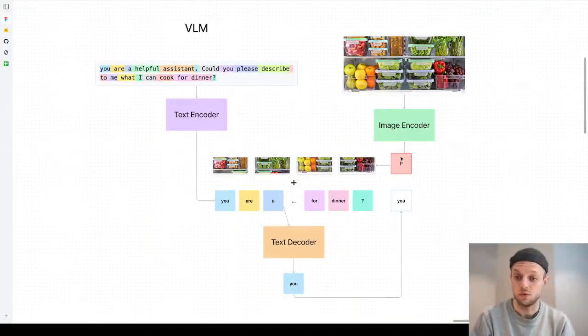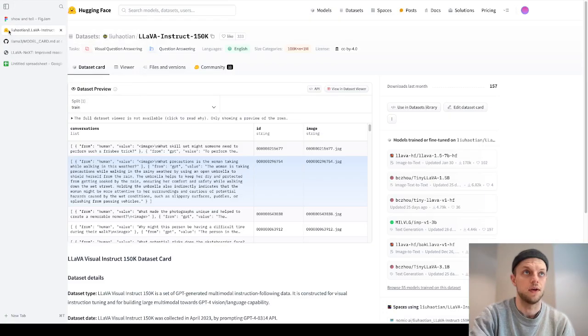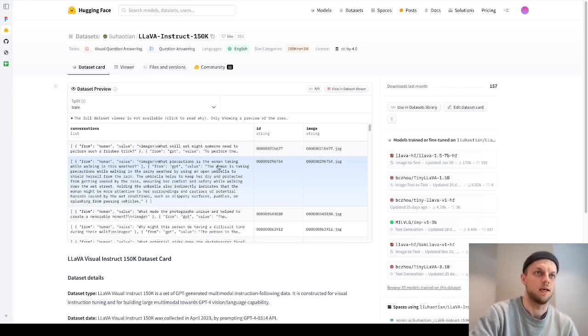If you wanted to do visual question answering, I can show you an example here of how that would look. You would show a lot of examples like this one, where the human is asking what precautions the woman is taking while walking in this weather, and then you show the model what it's supposed to answer. You do this a lot of times, and then you can teach models a lot of different things.